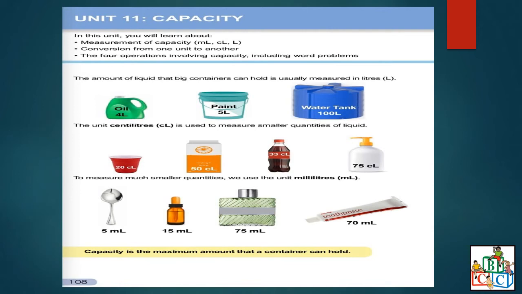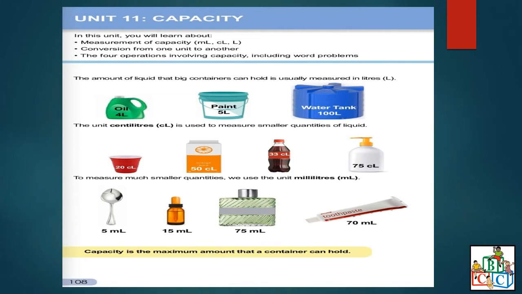Now, to measure much smaller quantities than centiliters, we are going to use the milliliters. For example, the spoon, petit flacon de parfum, and then you have the toothpaste. So milliliters can be measured as 5 milliliters for the spoon, 15 milliliters, 75 milliliters, and 70 milliliters.